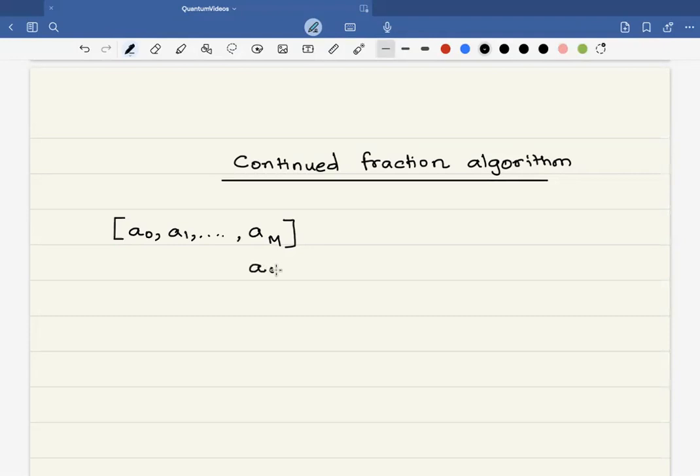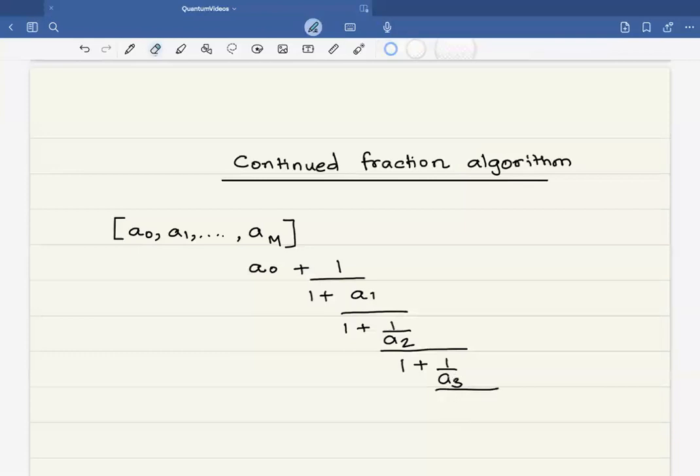I can write this as a0 plus 1 over 1 plus a1 over 1 plus 1 over a2 over 1 plus 1 over a3 and so on, and then maybe 1 over am.